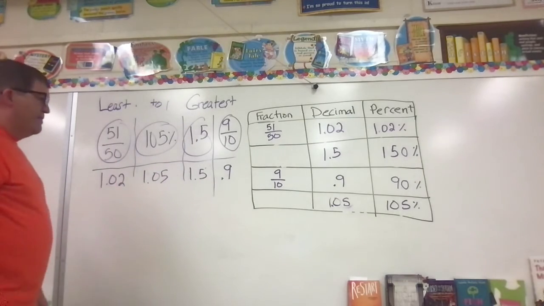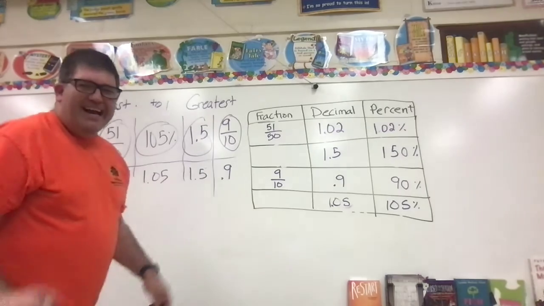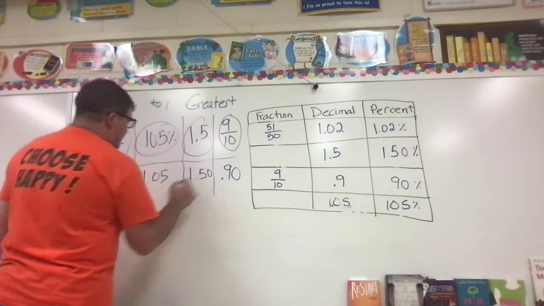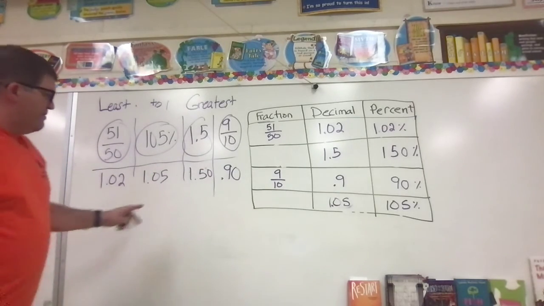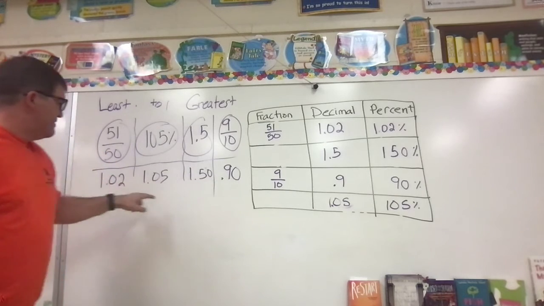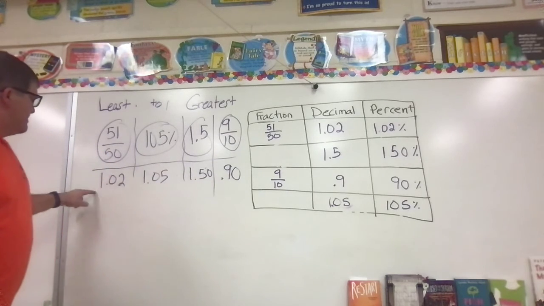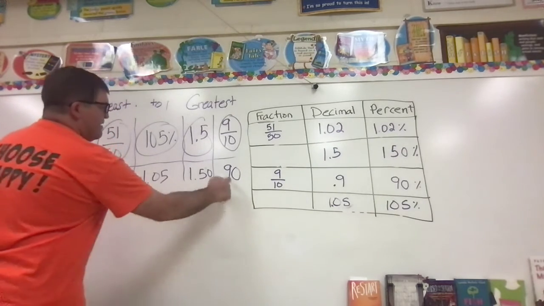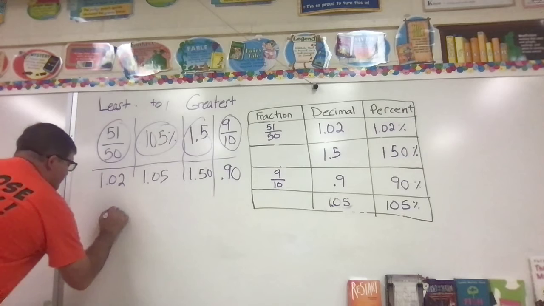So, when I have decimals, I think of money, and I can put a 0 here and a 0 here. Now, if I think of money, I have 90 cents, I have $1.50, $1.05, $1.02. So, which is my smallest? 90 cents. So 9/10.